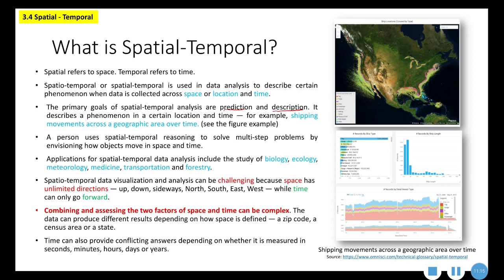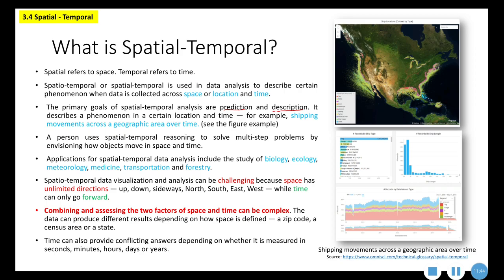Applications for this spatial temporal data analysis include the study of biology, ecology, meteorology, medicine, transportation, and also forestry. This spatial temporal data visualization analysis can be challenging because, as we know, space has many unlimited directions.